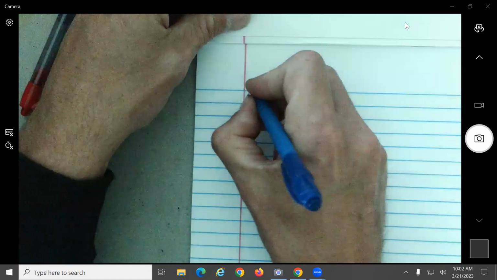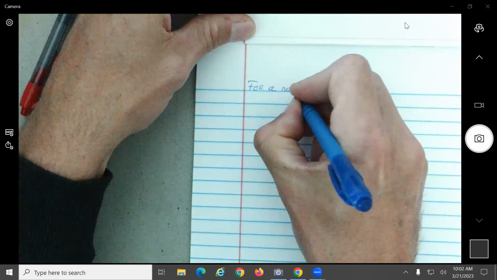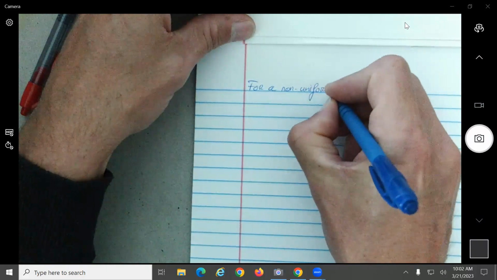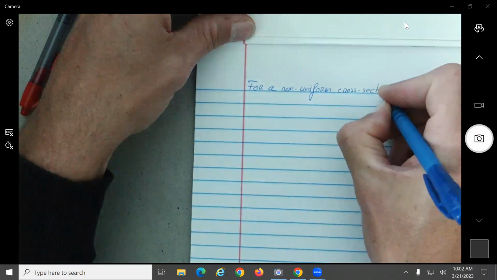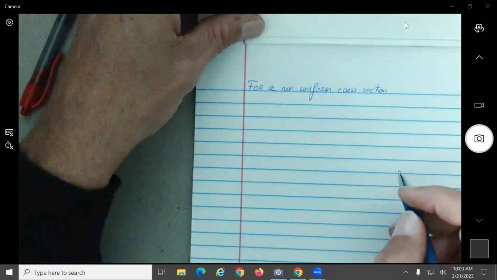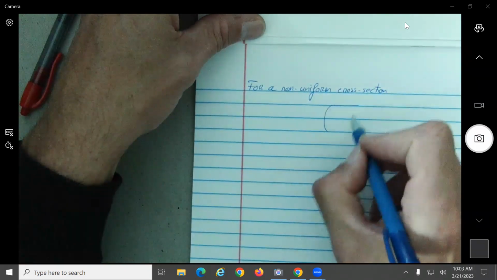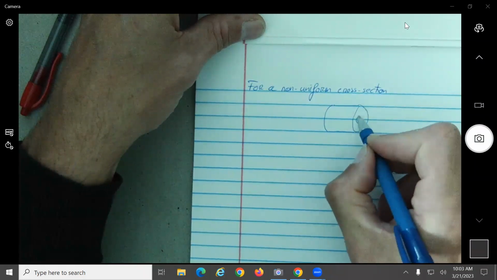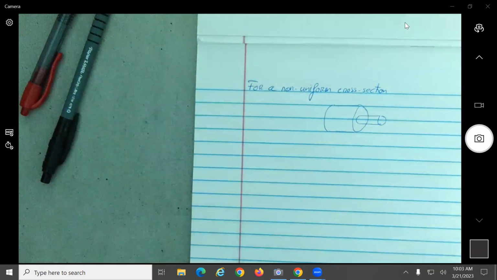So for a non-uniform cross section, this will mean that let's say we have something that is thicker initially, and then you have another one.